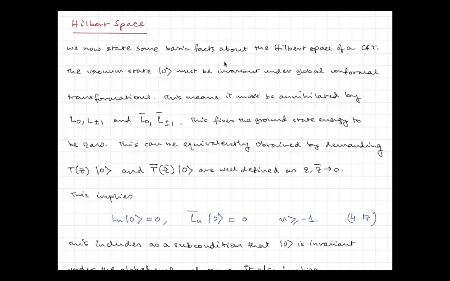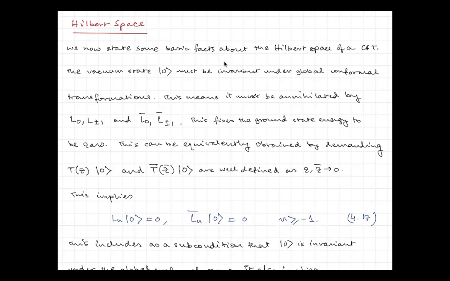So what does this imply? If you look at T(z) acting on the ground state and T bar(z bar) acting on the ground state, this implies that all L_n and L_n bar where n is greater than or equal to -1 acting on this ground state have to be equal to 0.